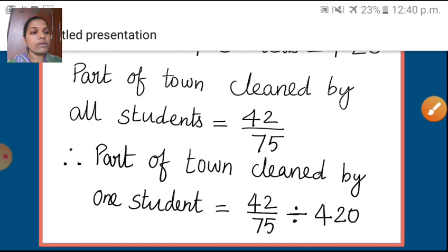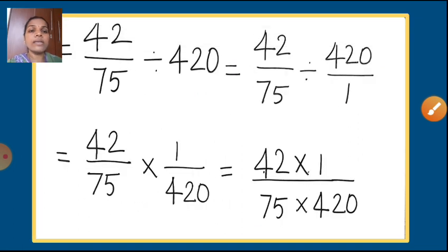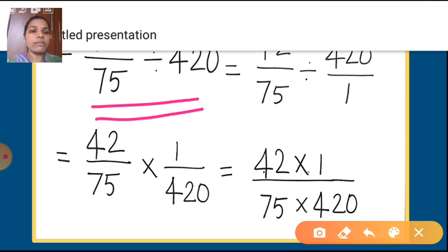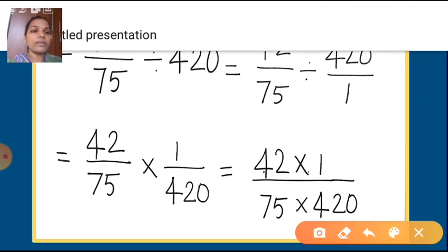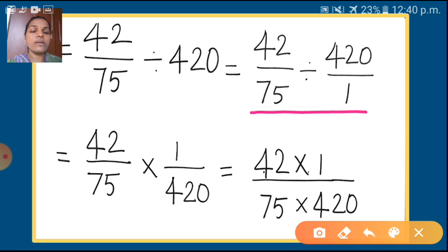Okay. So next one is 42 upon 75 divided by 420. Here division is there. So what do we have to do? Yes. Next step you have to see here, children. 42 upon 75 I have written as it is, divided by 420.